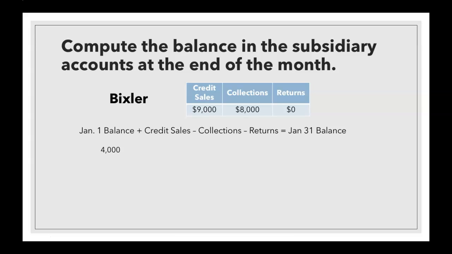We were told at the start of the problem that the January 1st balance for Bixler was $4,000. Then we add in our credit sales, subtract out our collections, and minus 0 for our returns. And we can see that the January 31st balance will be $5,000.